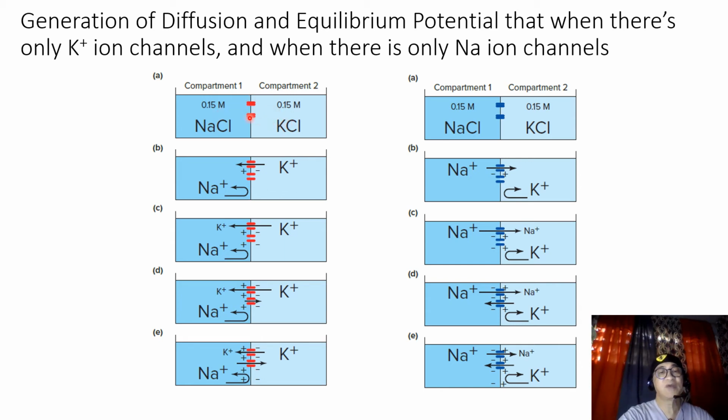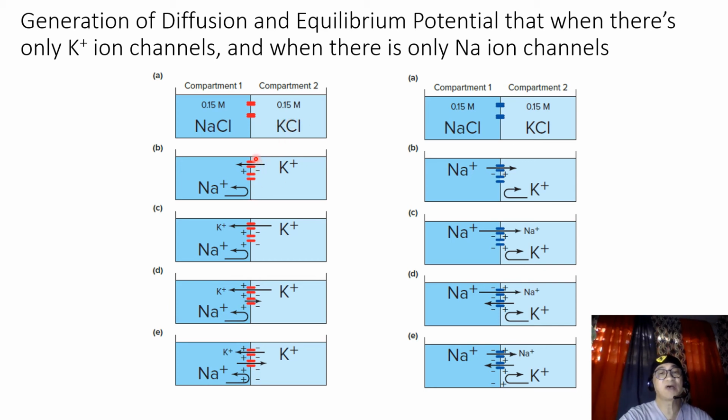The membrane or the barrier that separates the two equally concentrated solutions is permeable mainly to potassium but not to sodium. We will discount the concentration of chloride here because they are already of equal concentrations, so their movements will not affect much of these conditions.